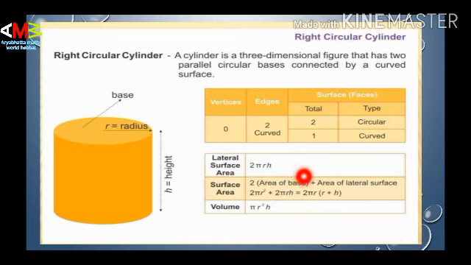Total surface area is 2 pi r (r plus h). Volume is pi r square h. Pi value, all of you know, is 22 by 7. These are the 3 formulas for the right circular cylinder.